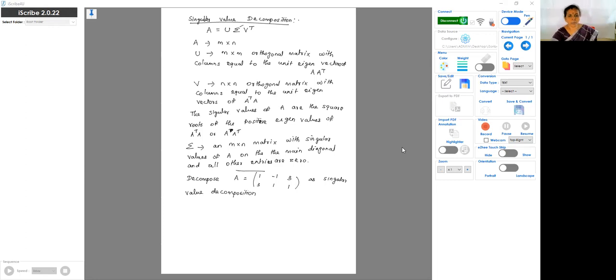Here the given matrix is of order 2 by 3. It has 2 rows and 3 columns, so it is a 2 by 3 matrix. So I am going to write A as a product of 3 matrices. First we will deal with V, then U, and then sigma. Okay.